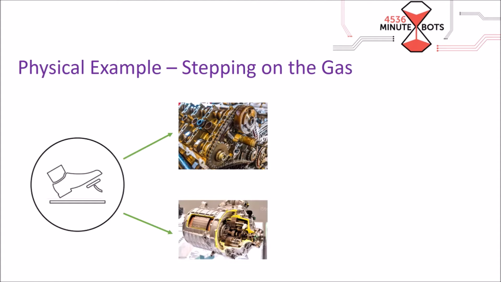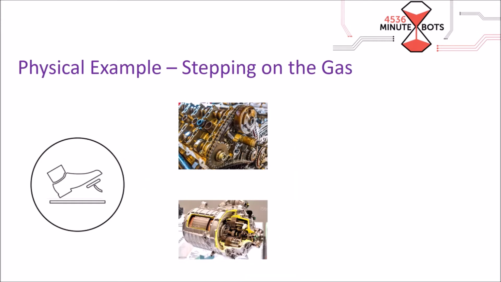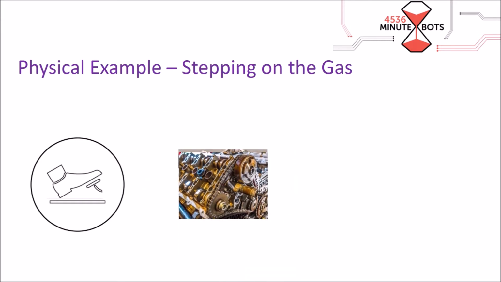Its concern is to determine what the RPMs should be. In fact, these two engines, to the pedal's viewpoint, are actually a single thing. It doesn't care what engine it is sending the information to. That's not its concern. So when it actually steps on the gas, it tells the engine to rev. That's very nice and very separate.